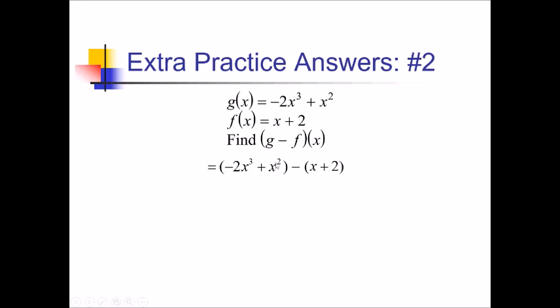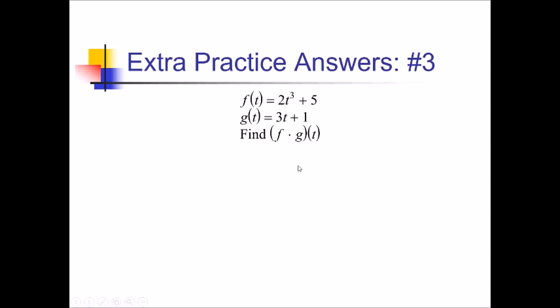All right, so now I'm going to just drop that first parentheses because at this point I'm just simplifying, combining like terms. The second parentheses, I have to distribute a negative 1 to both of those. So this is going to be negative x minus 2. Combining like terms, we've actually got no like terms to combine. We have third, second, first power, and a constant. So that's actually as good as it's going to get.